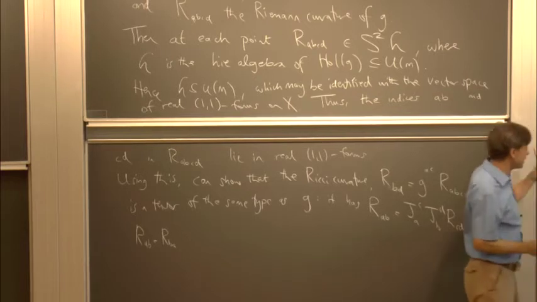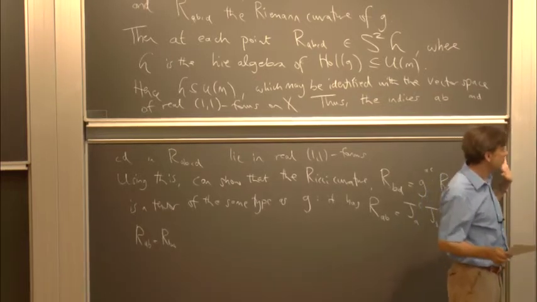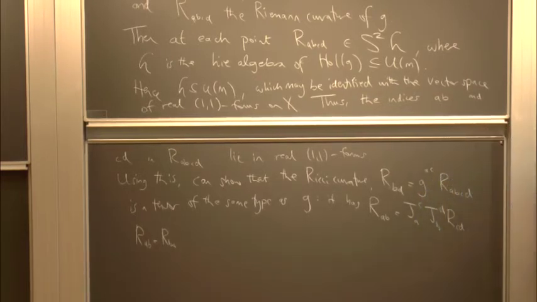So it has the same relationship to the Ricci curvature as the Kähler form has to the Kähler metric. And this is a real 1,1 form.